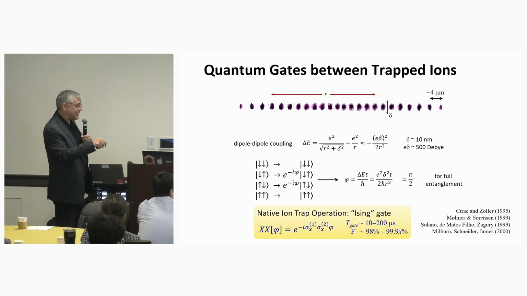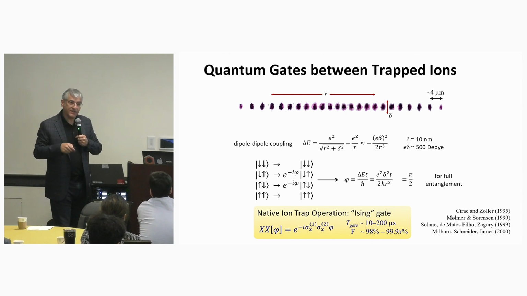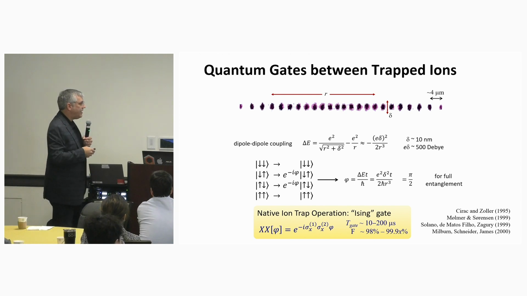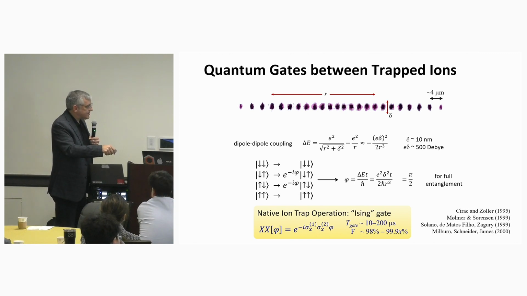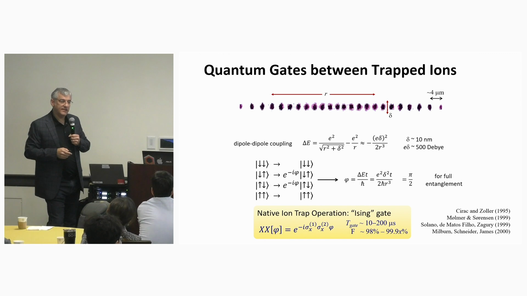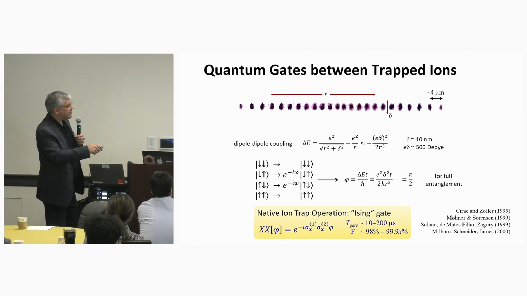This is an effective Ising interaction, and so the gate we use is XX. But there's a continuous parameter in here. It's important. It's not just an XX, pi/2. You can tune that to be anything you want. But the gate's rather slow. Slow compared to what? Well, the gate typically is 10 to a few hundred microseconds, and that's very slow compared to the vibration of the ions.